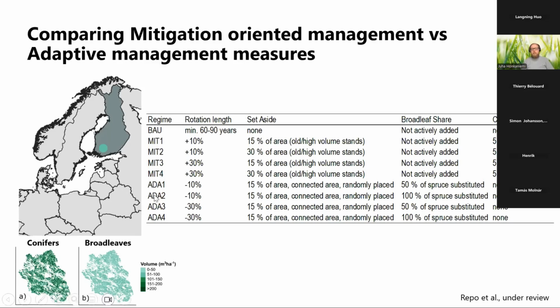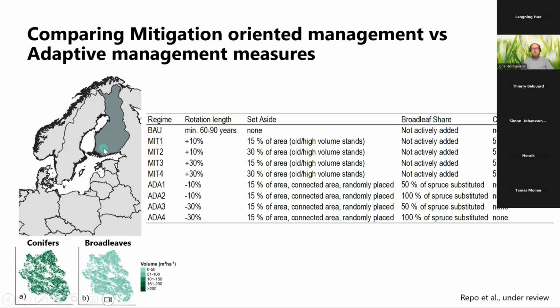Whereas in the adaptation scenarios, we wanted to adapt to the changing and increasing disturbances and decrease the rotation lengths either by 10 or 30%, and also created one single area for protection of 50% of the total simulated area. It was one connected area randomly placed in the landscape.